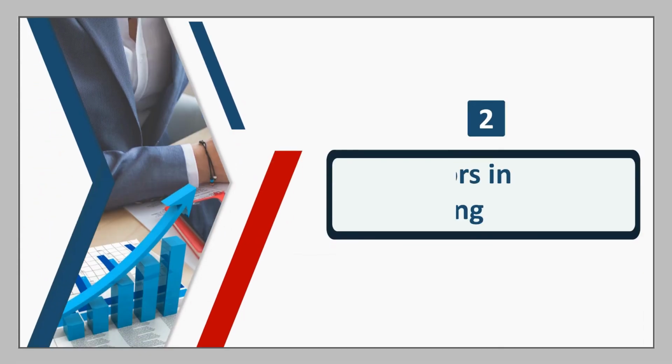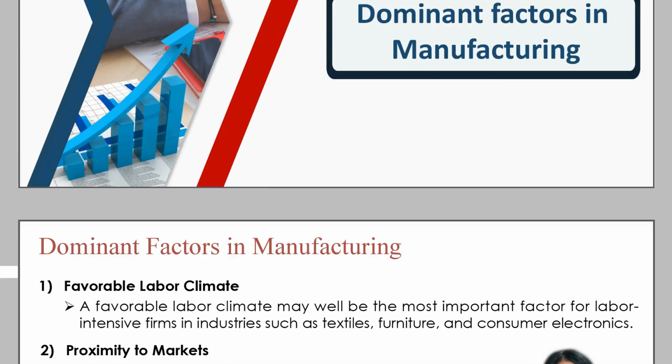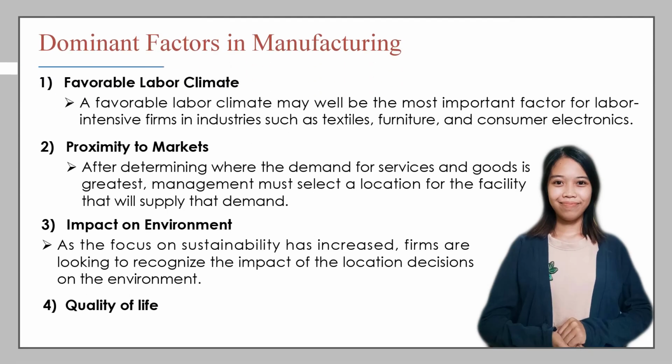Factors affecting location decisions. Managers of both service and manufacturing organizations must weigh many factors when assessing the desirability of particular locations, including their proximity to customers and suppliers, labor cost, and transportation cost. Factors determining location decisions for new manufacturing plants can be broadly classified as follows.